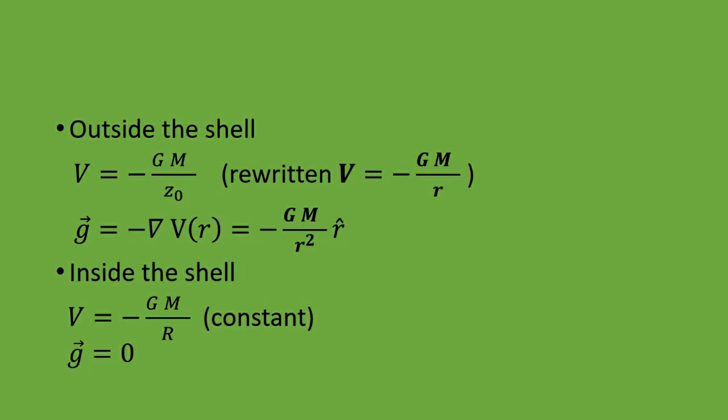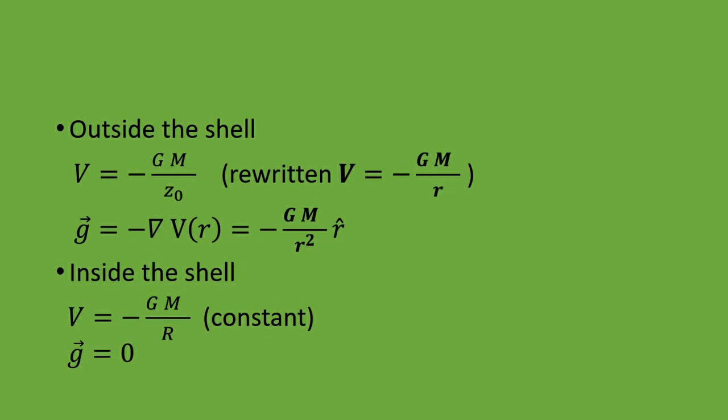That's a very interesting result. And based on that, the gravitational field strength, which is minus the gradient of the potential, is nothing but the famous, again, expression produced by a point mass located at the origin. So remember that. Now, what about inside the shell?